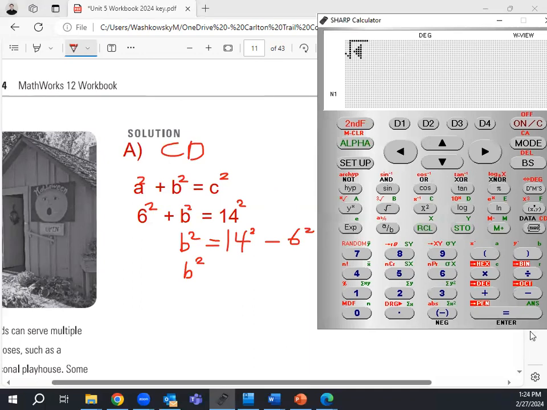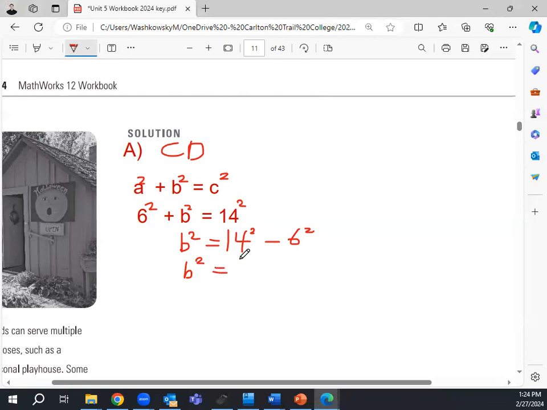You square root that, going to give you 12 point... let's say 12.6. 12.6 feet.